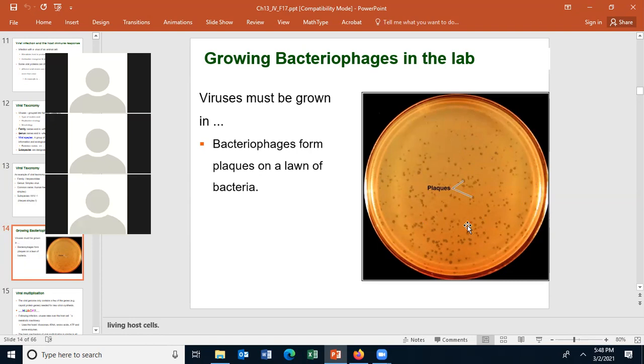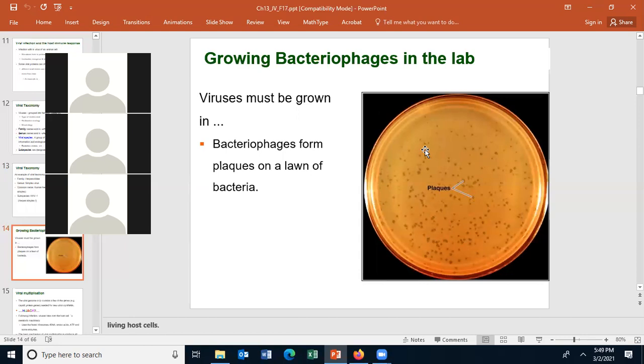Then you look at the plate, and you'll see plaques in the bacteriophage lawn of bacteria. So here we have the lawn of bacteria, and there's a plaque. What happens where there's this plaque is that one virus attached to a host cell and then replicated in the host cell, lysing the host cell and releasing more viruses, and where do they go?